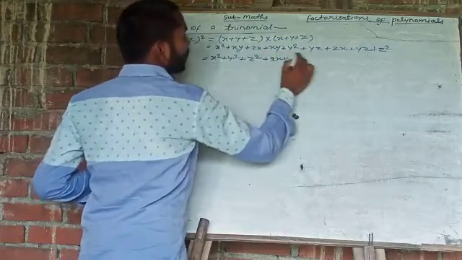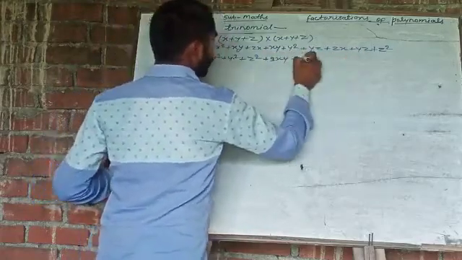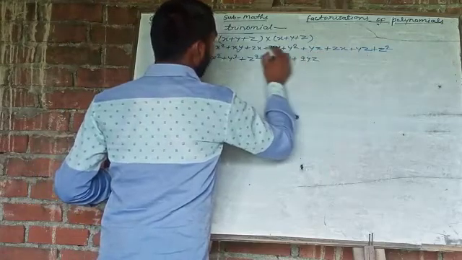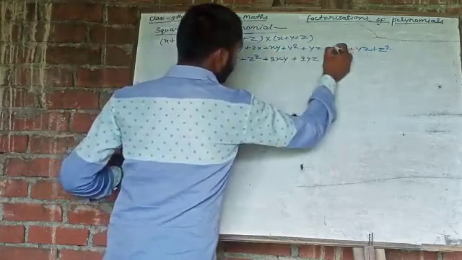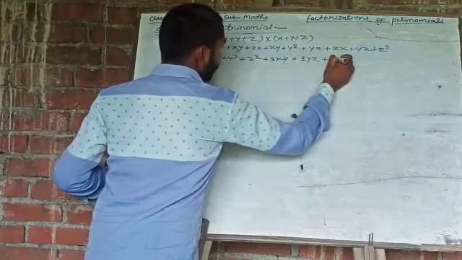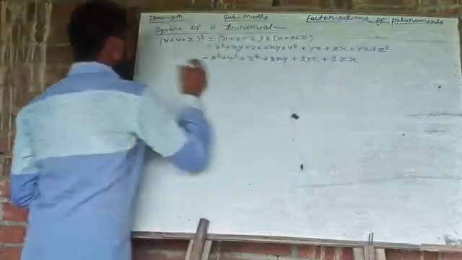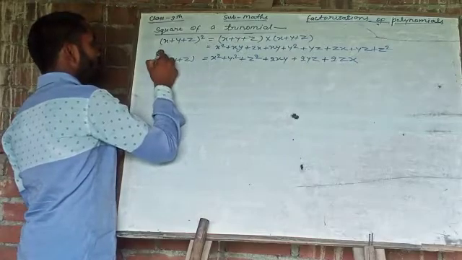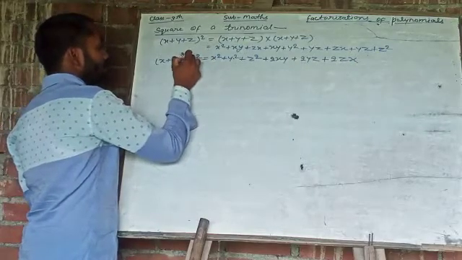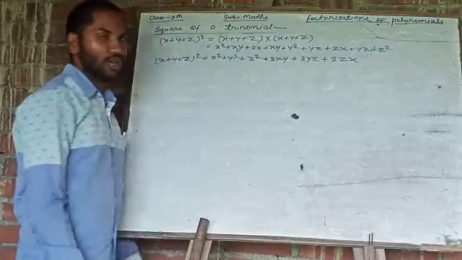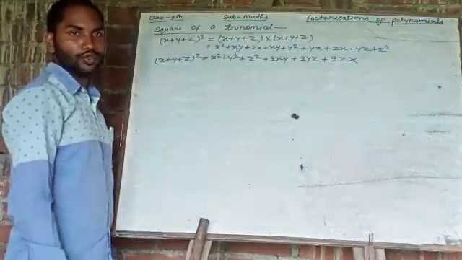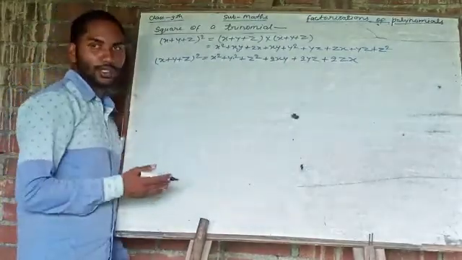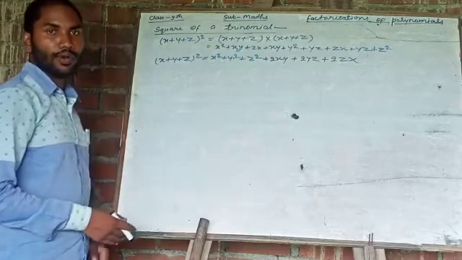Again, here it is yz and here it is yz, so 2yz, and here it is zx and here it is 1 zx, so it will be 2zx. Hence x plus y plus z whole square is equal to x square plus y square plus z square plus 2xy plus 2yz plus 2zx. So this is the formula.